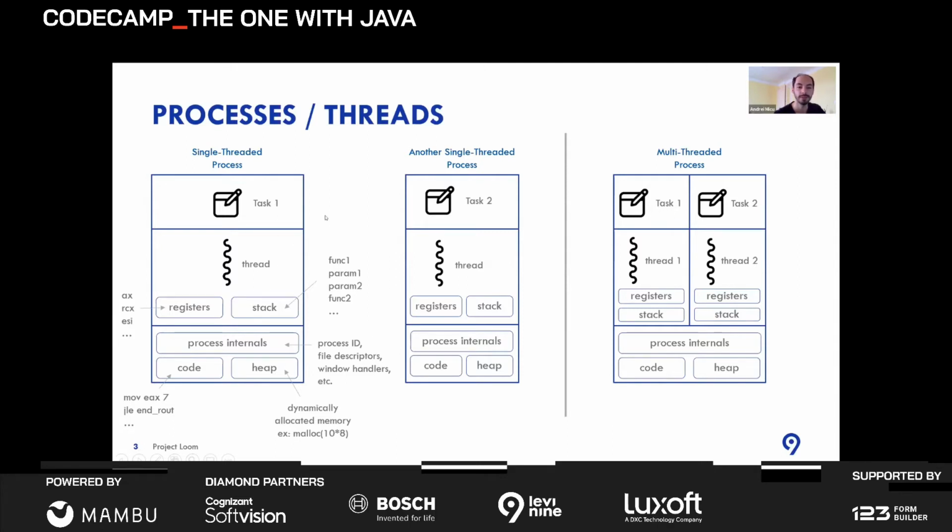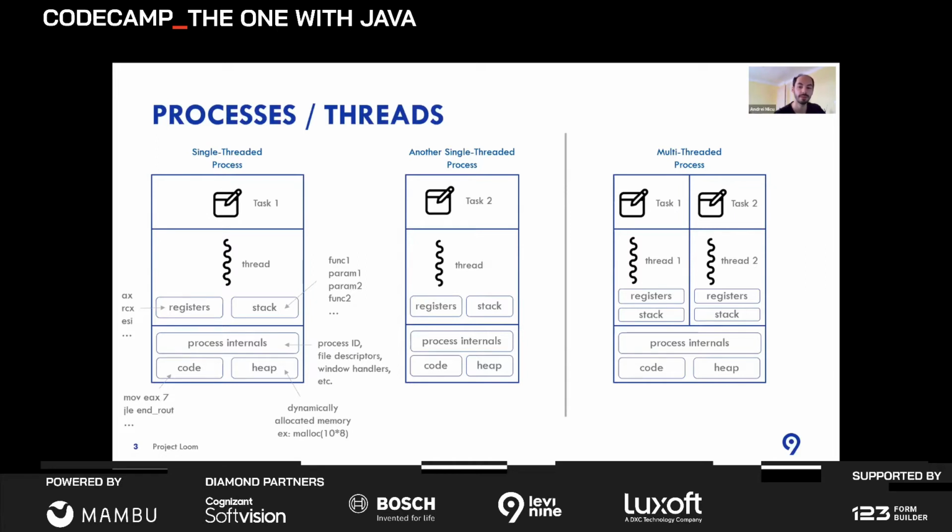And usually, if you want to have something computed in parallel, you would instantiate another process, and that process would take another set of internals. It would have its own code, of course, and it would have its own heap. And the first revolution was to create multi-threaded processes.